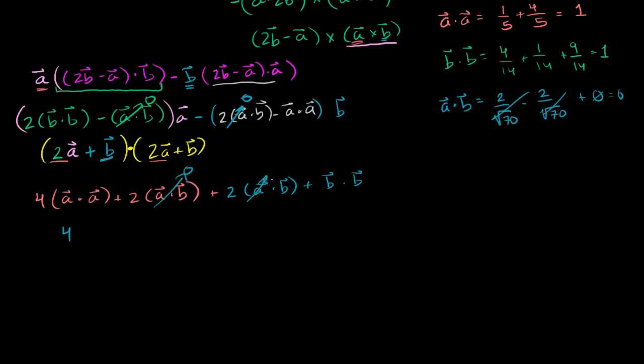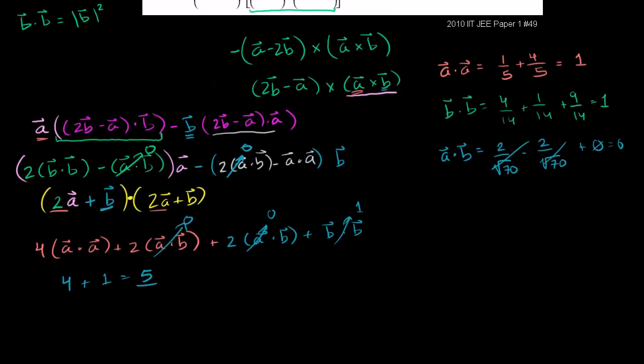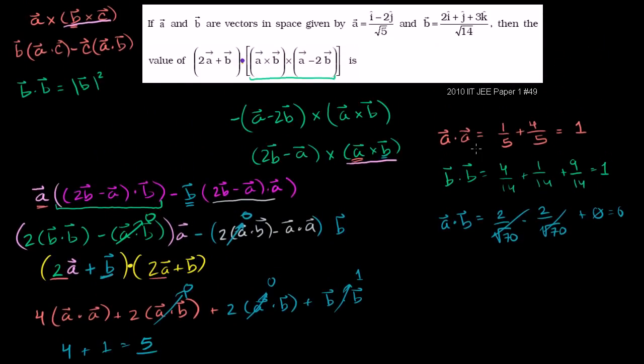And a dot b is 0. And then this is 1. So we have 4 plus 1, which is equal to 5. So this whole mess, if you're able to remember the triple product expansion and see the simplification over here, it's actually a fairly straightforward problem. This whole mess over here evaluates to 5.